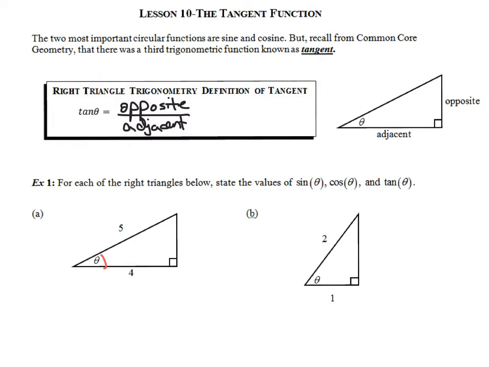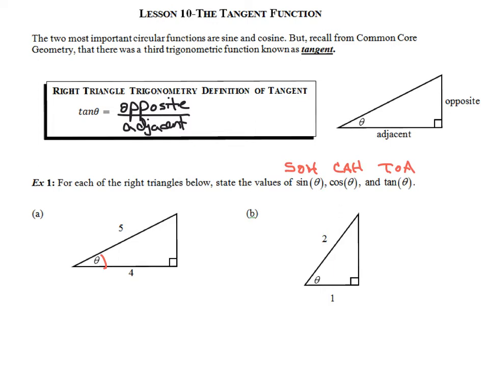Maybe it's Oscar had a heap of apples, or you might use SOHCAHTOA. I'm going to spell out SOHCAHTOA for us. So sine is opposite over hypotenuse, cosine is adjacent over hypotenuse, and tangent is opposite over adjacent. However you remember your ratios for sine, cosine, and tangent, we're still going to be using those ratios.